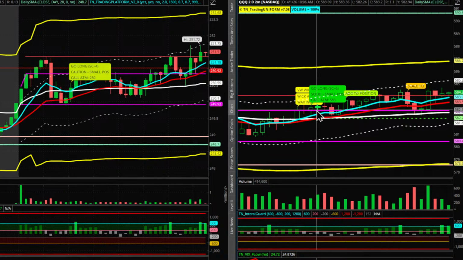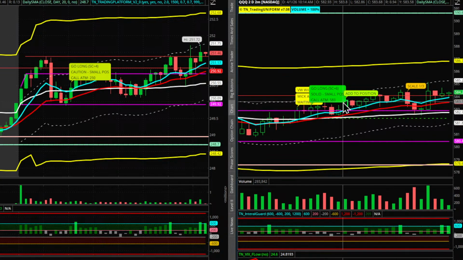It fired a go long signal right here. Then at this point, it's an add to position. Now let's see if this thing is going to break out or not.